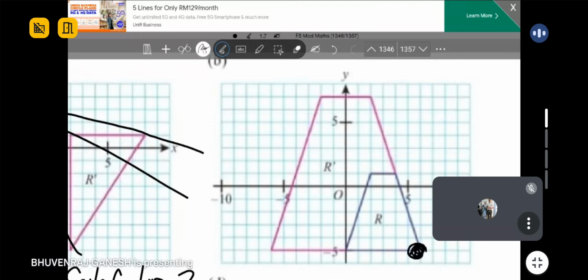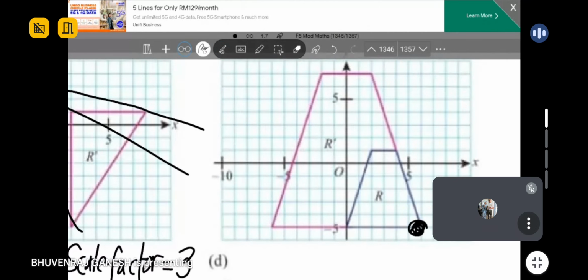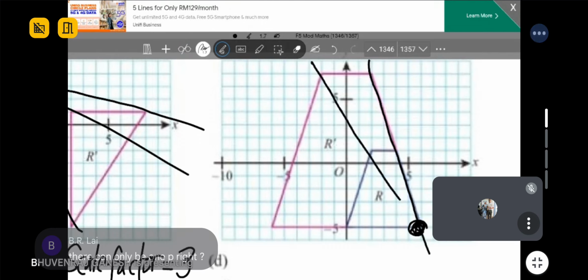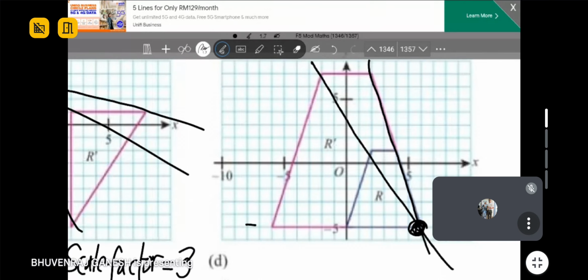This is your center of enlargement. Pusat pembesaran. If you don't believe me, you try and see. You connect all the line. Satu garis. Dua garis. Tiga garis. Can you all see it, guys?